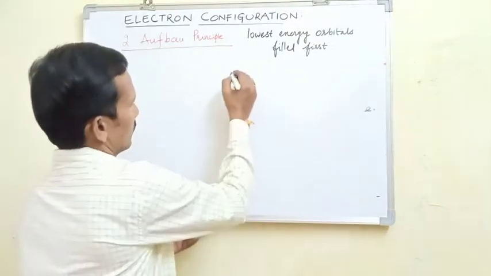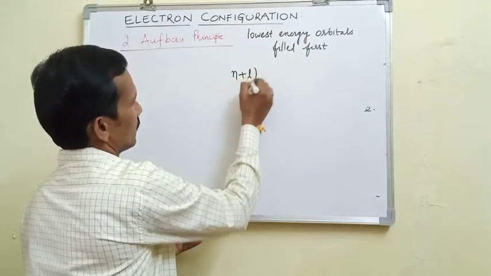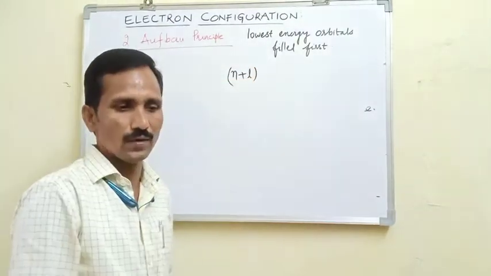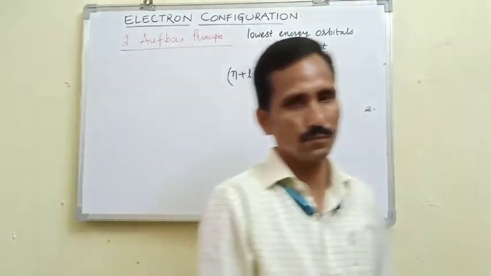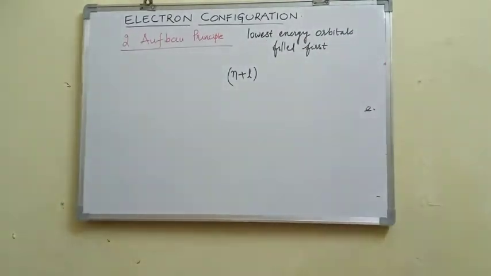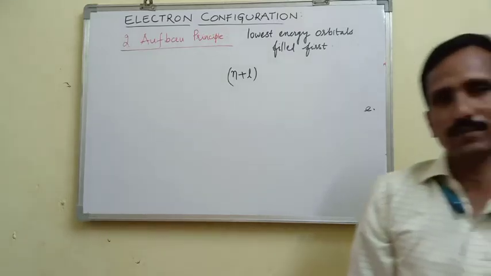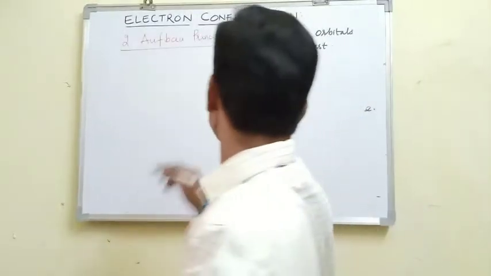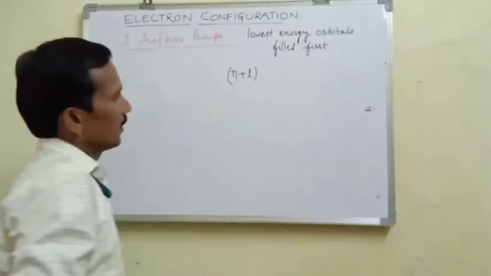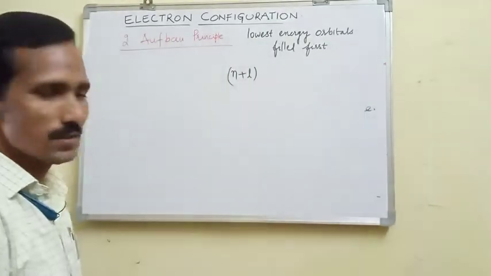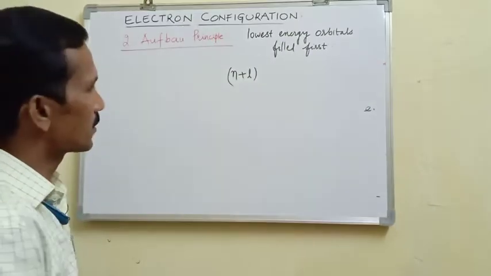That is told by the sum of n plus l value. The n plus l value tells us whether the energy levels are lowest or highest.